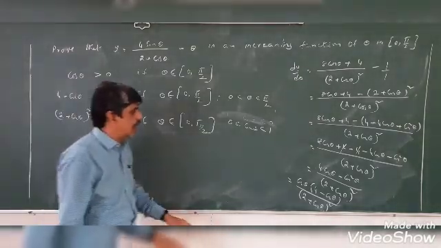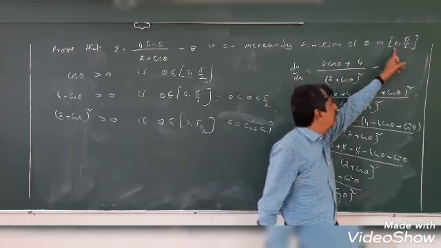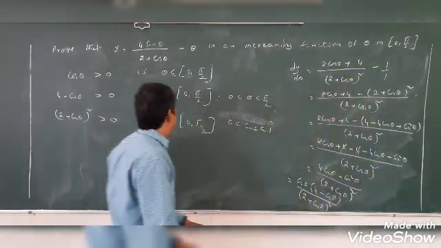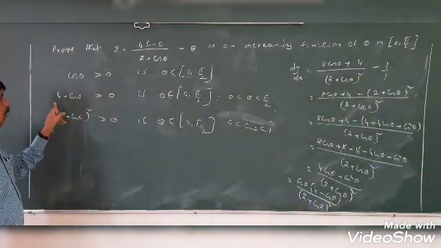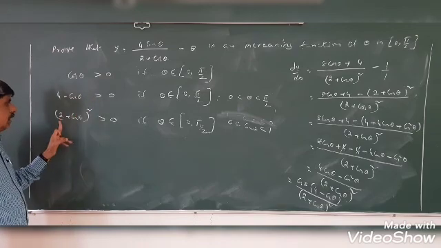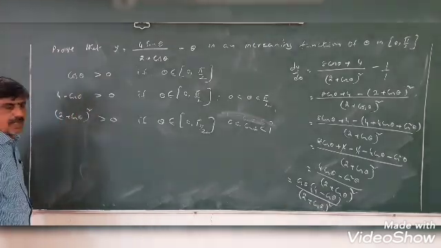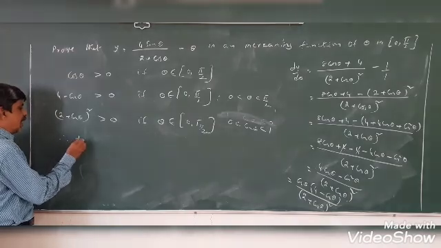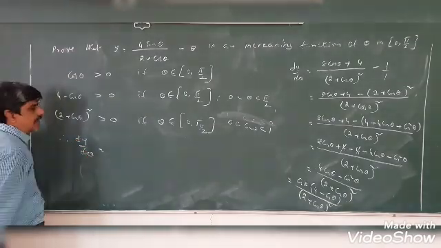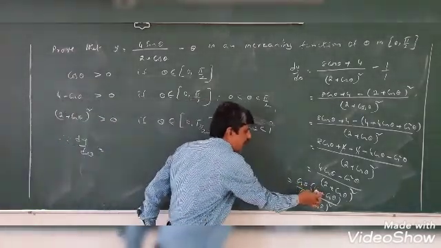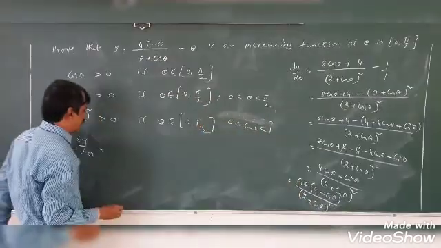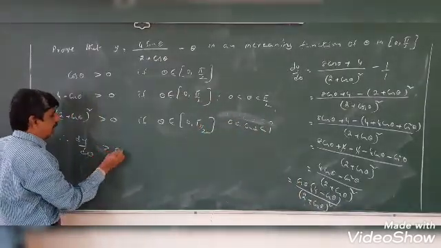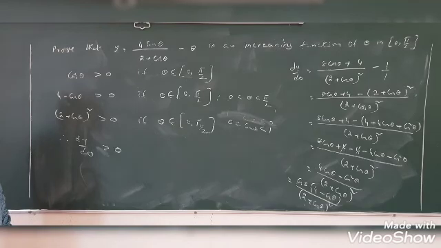So for theta in the closed interval 0 to pi by 2, cos theta value is positive, 4 minus cos theta value is positive, 2 plus cos theta whole square value is positive. Therefore, dy by d theta is positive into positive by positive, which means positive, greater than 0.